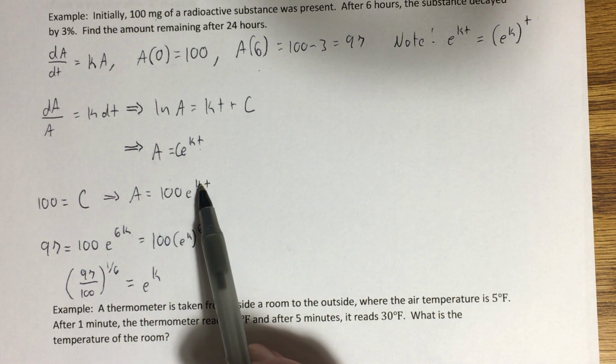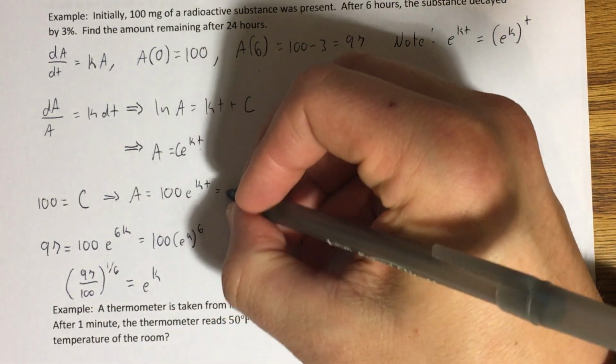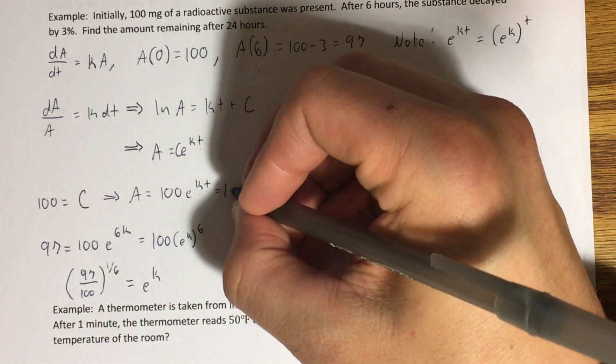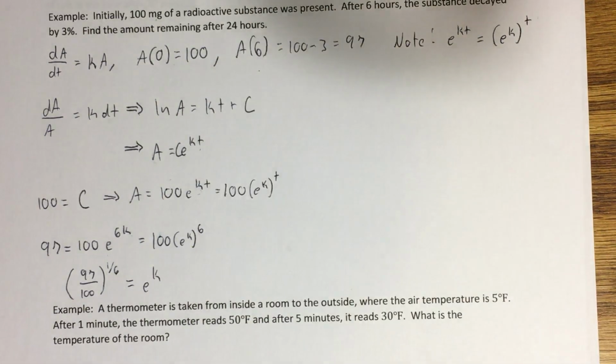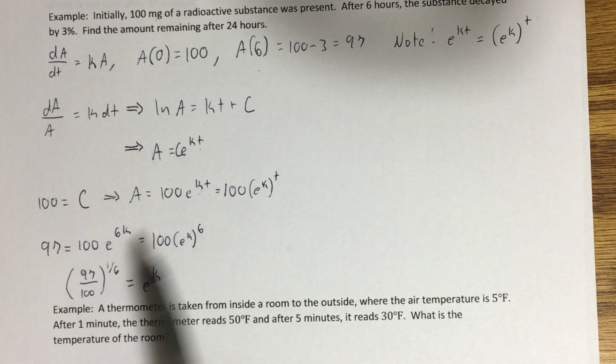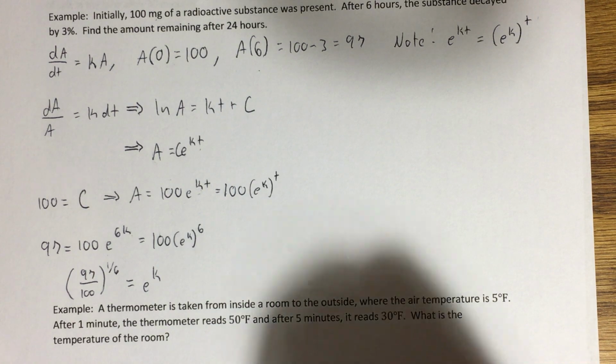And rather than deal with that constant explicitly, I'm going to think of it this way. This is the same thing as 100 e to the k to the power of t. I know that e to the k is equal to this. So I'm going to take this entire thing and plug it in for that e to the k up here.